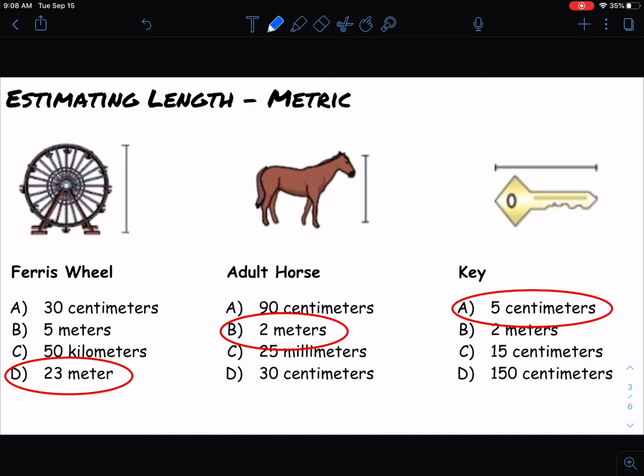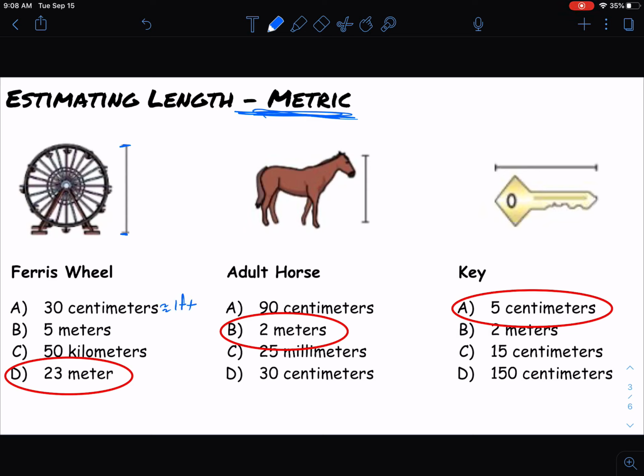So here are some examples of estimating length, and we're looking at metric units. These are the ones you're most unfamiliar with. When we look at the height of the Ferris wheel, 23 meters is going to be about the normal length from the ground to the top of the Ferris wheel. 30 centimeters is approximately 1 foot.